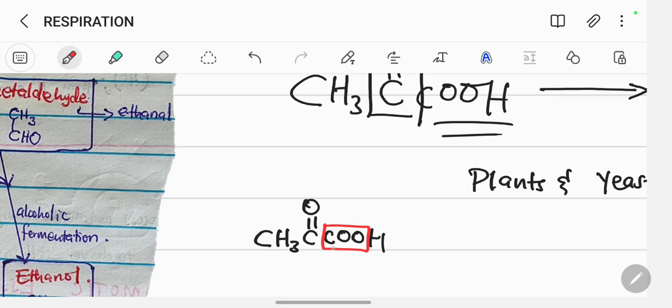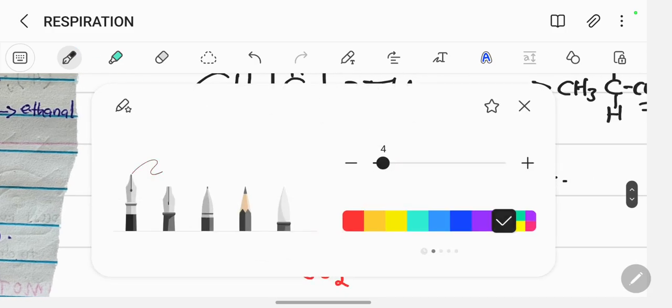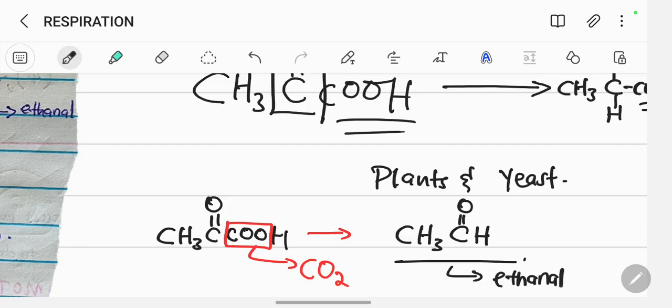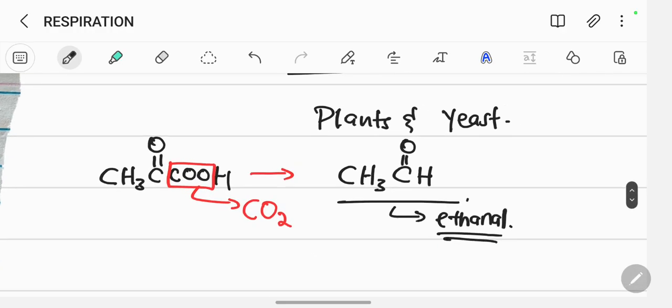This is going to be scrapped off to form carbon dioxide, and we end up with CH3, CHO with a double bond there. So what's this? This is ethanol. Are you seeing that? This is ethanol.